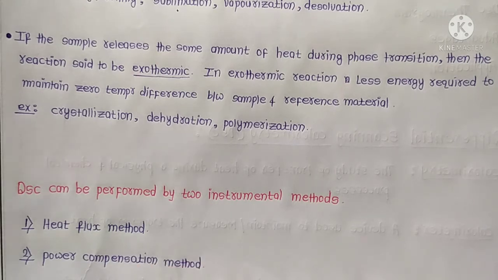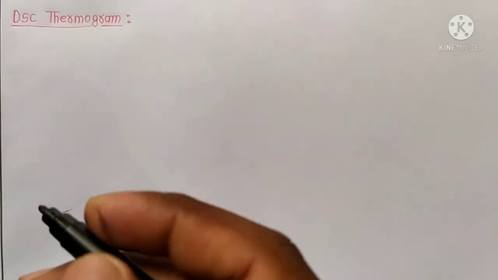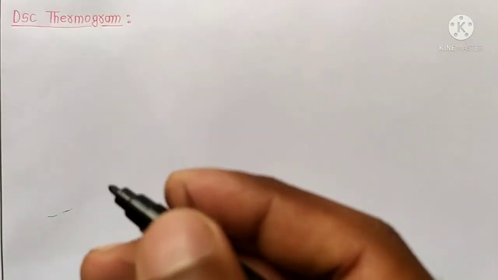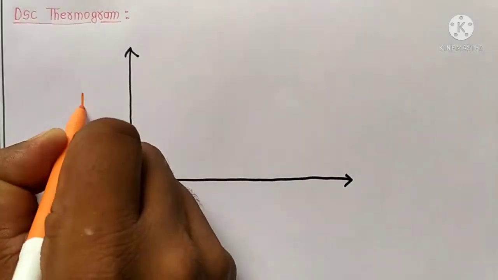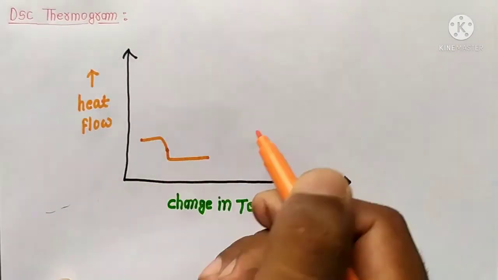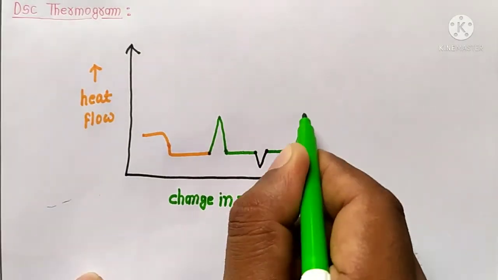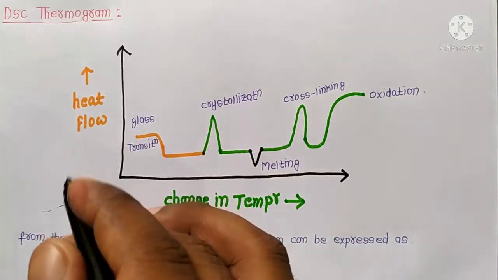Now let's see how the DSC thermogram is plotted after recording the energy difference between the sample and the reference material. The DSC thermogram is plotted as heat flow against the change in temperature. This is the typical representation of a DSC thermogram.